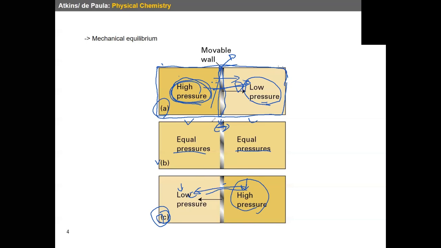But if the pressure on both sides is the same, then the wall will not move. This is the concept of mechanical equilibrium. For this mechanical equilibrium, pressure is the important quantity to understand.